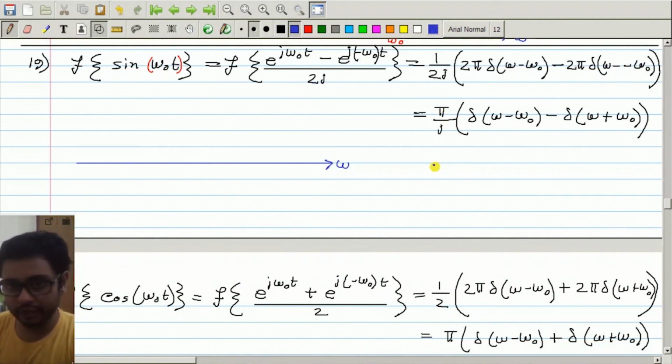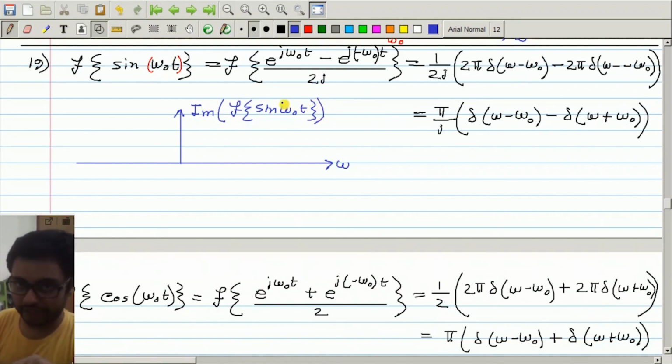So what I will do, I will plot the imaginary part of the Fourier transform of sine omega naught t, because the real part is 0 anyway.